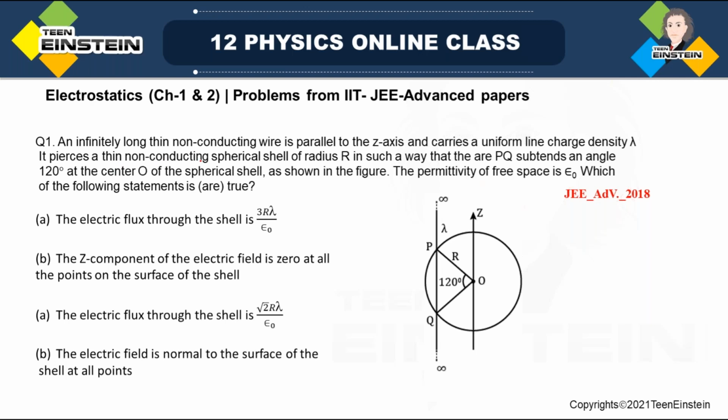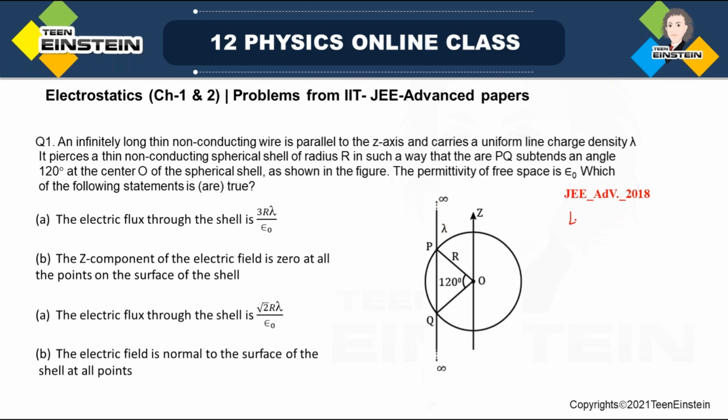It pierces a thin, non-conducting spherical shell of radius capital R, as you see in the figure, in such a way that the arc PQ, this one, subtends an angle of 120 degrees at the center of the spherical shell, as shown in the figure. So the question says that there is an infinitely long line charge having charge density lambda.